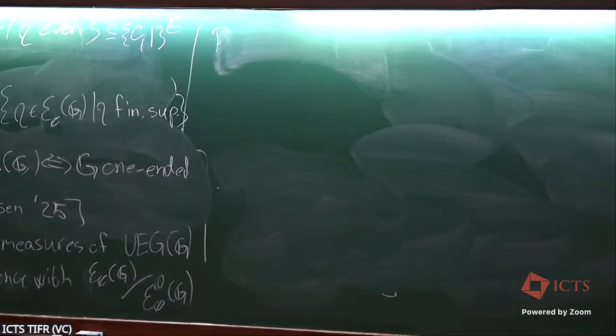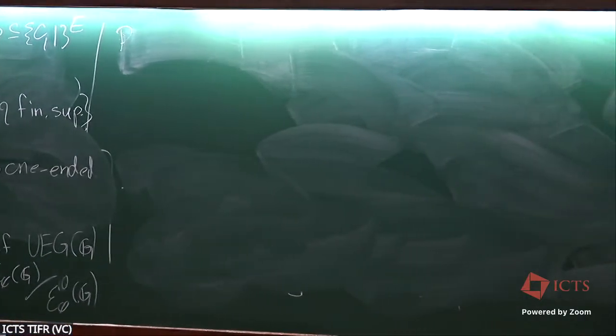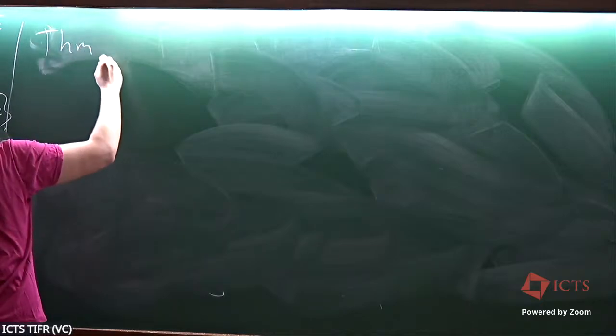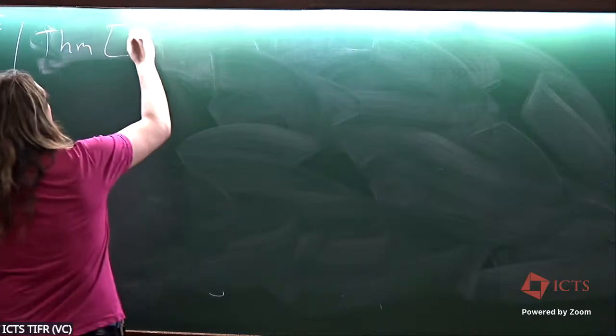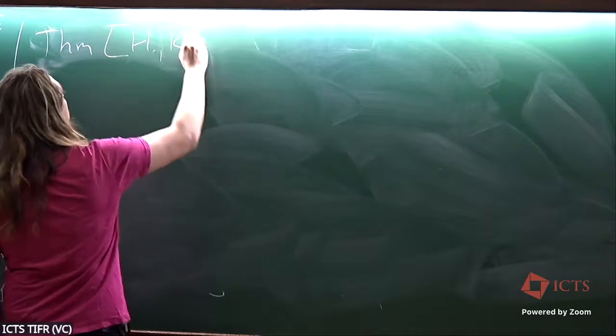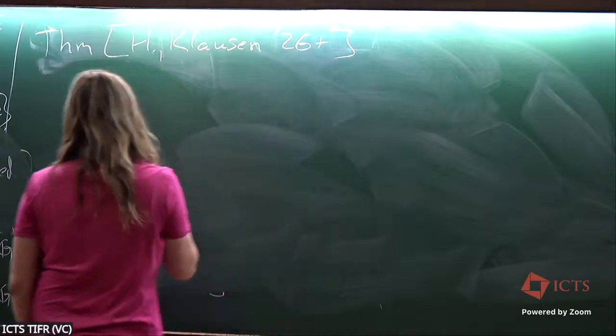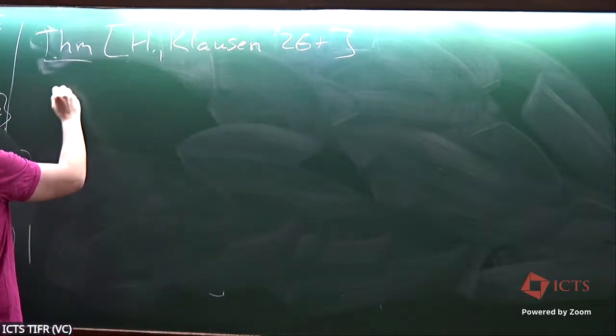But he did not prove that the supercritical infinite cluster of the double current is not two-ended. He just proved that if the wired is two-ended and the free doesn't percolate, that's a contradiction. And again, we don't have the deletion tolerance that we normally need, but the theorem that I would like to prove here is as follows.